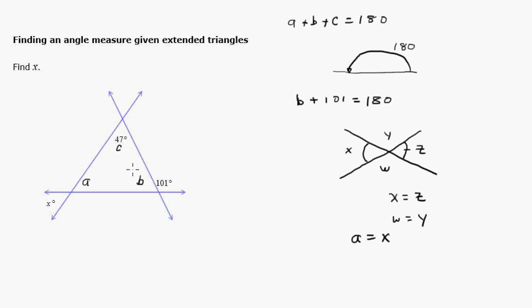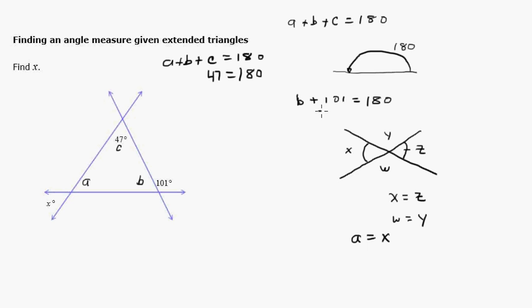Okay, so I'll write it again: A plus B plus C equals 180. I already know that C is 47. Now, what is B? Well, over here you can see that B plus 101 equals 180.